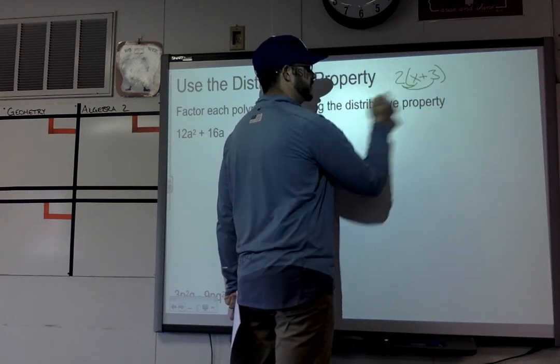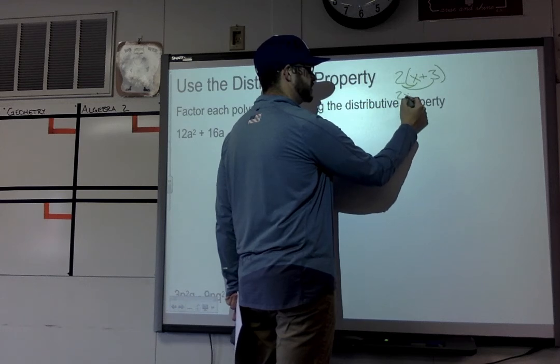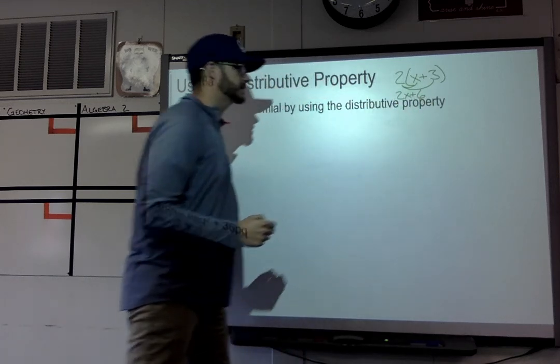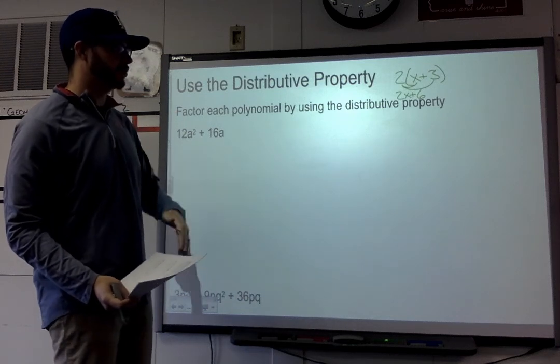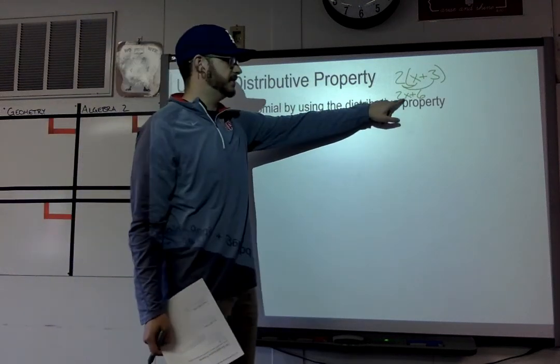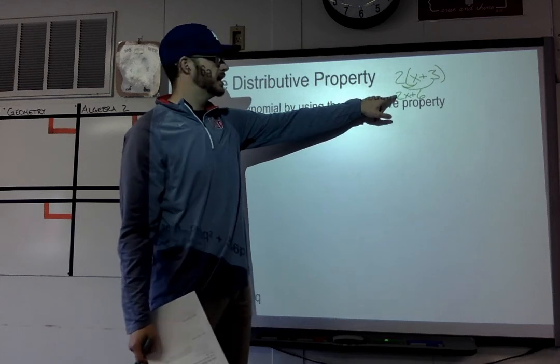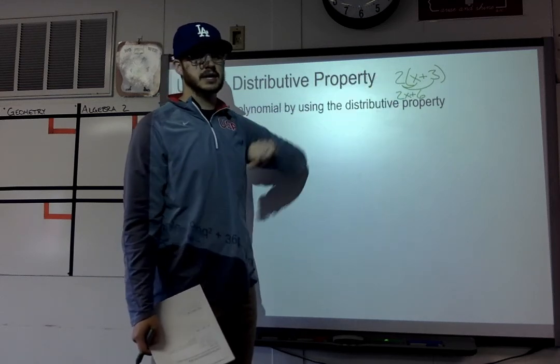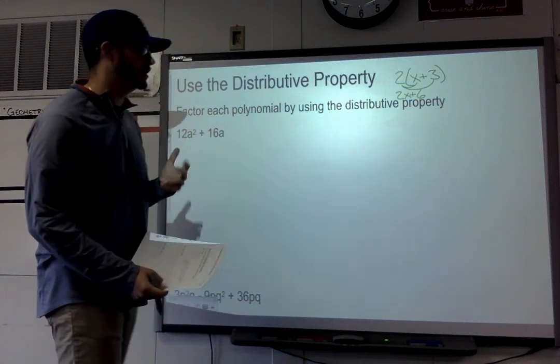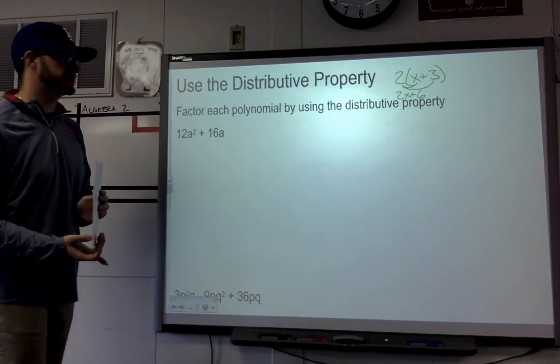We would distribute that 2 into the parentheses, and we would get 2x plus 6. What we're going to be doing today is working backwards. We're going to be given that 2x plus 6, and we have to factor it back into what looks like the distributive property: 2 times (x plus 3).